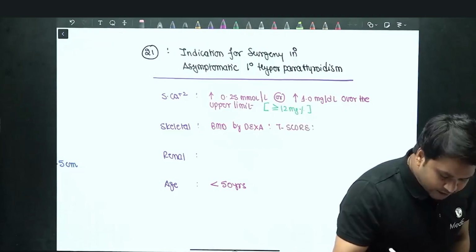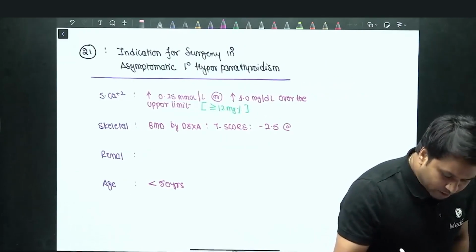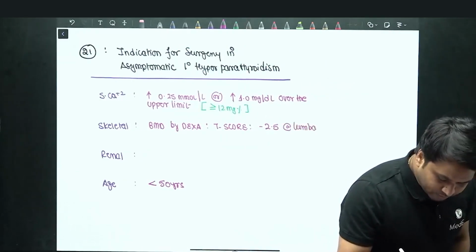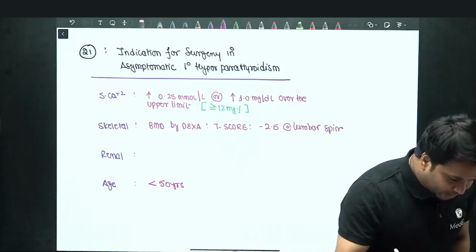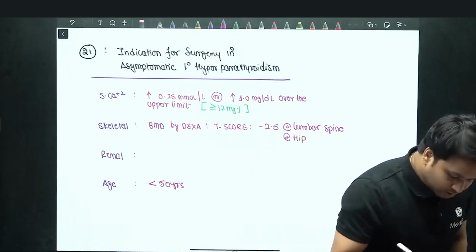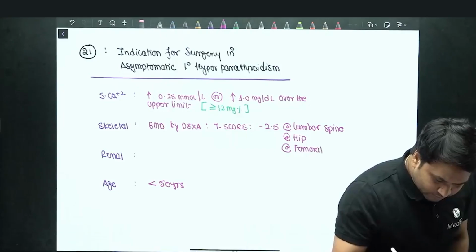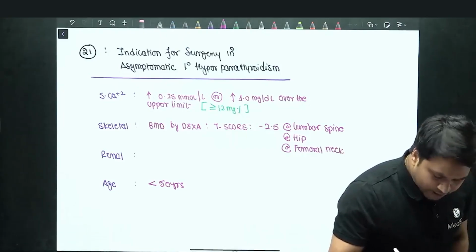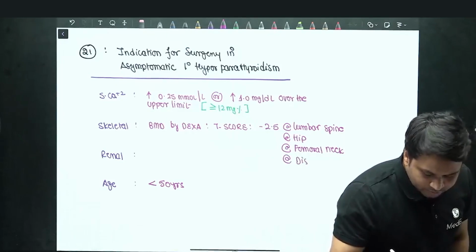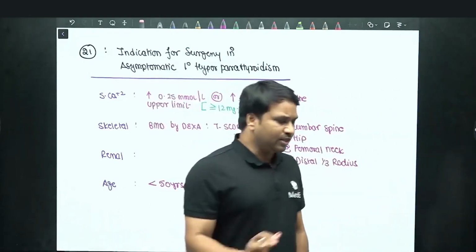And remember, if the T score is minus 2.5 at lumbar spine, at hip, at femoral neck, and distal 1/3 of radius. If anywhere you find the T score to be less than or equal to minus 2.5, it is an indication for surgery.